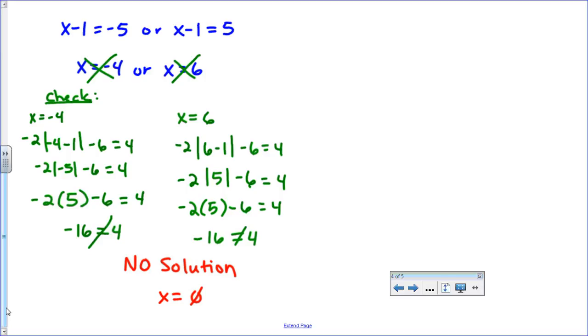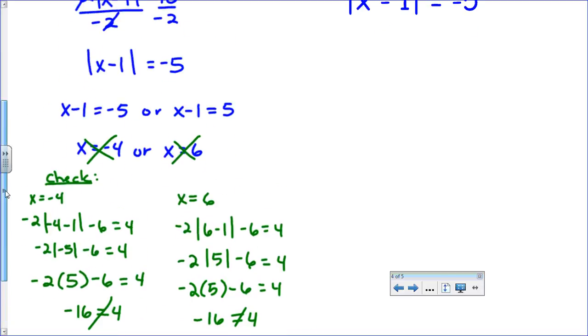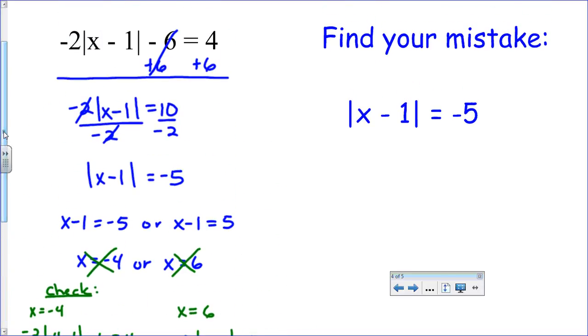So if we go to find our mistake, which was right here, I could have said no solution, because absolute value cannot equal a negative number.